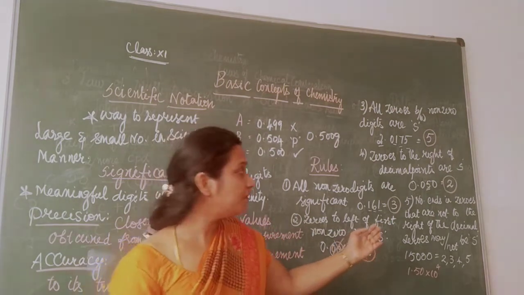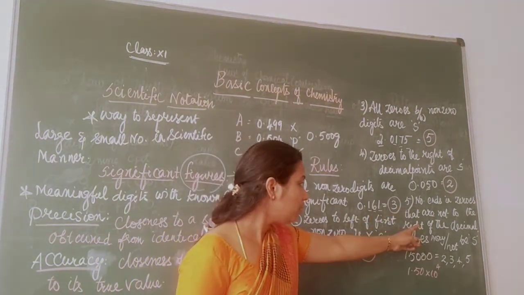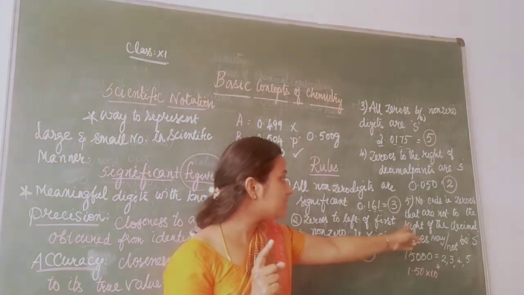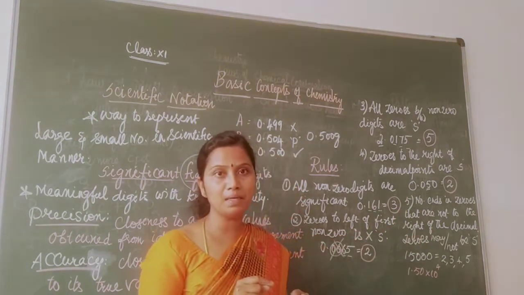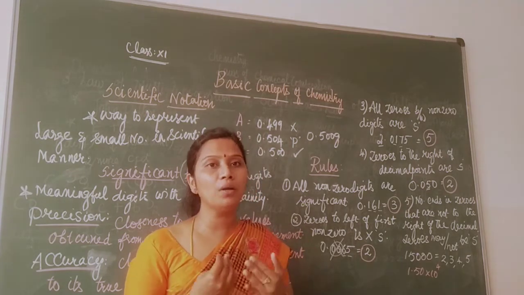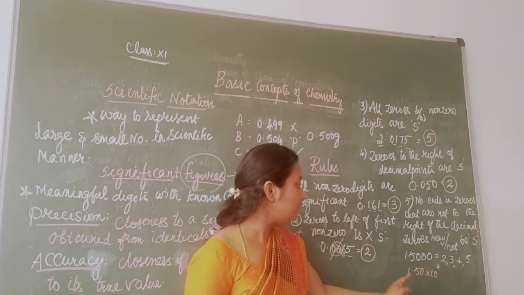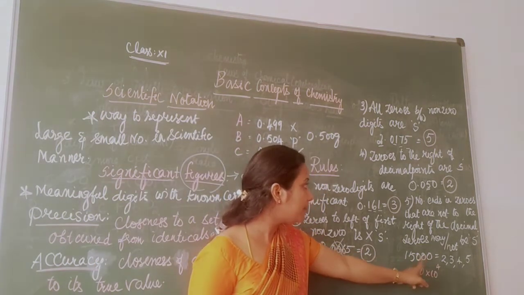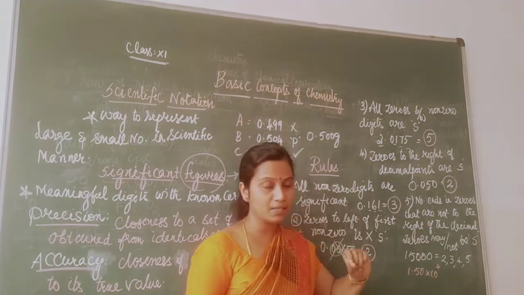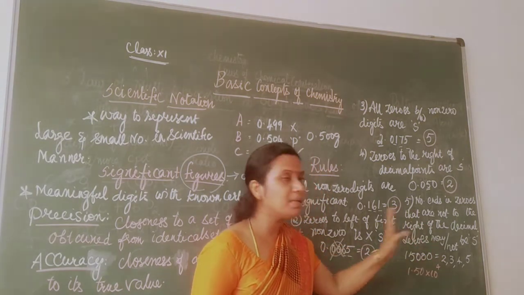Now what is the fifth rule? Any number which ends in 0, where that 0 is not present to the right of the decimal, then the 0 may be significant or may not be significant. Let me explain. I have this number 15,000, which is a number ending with a 0. Now these zeros are not to the right of the decimal.